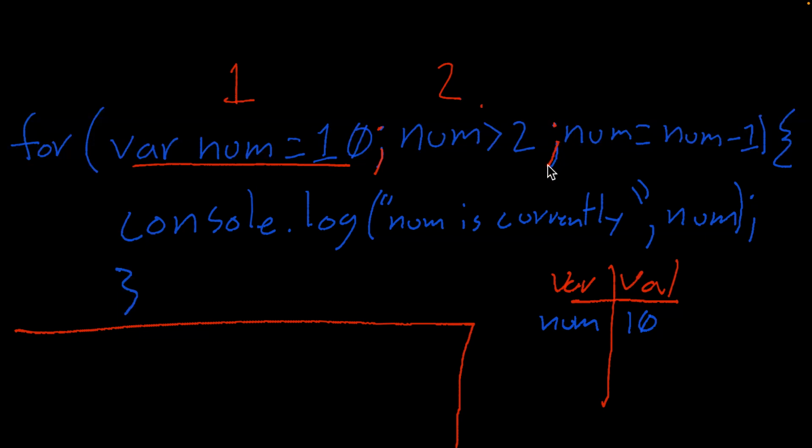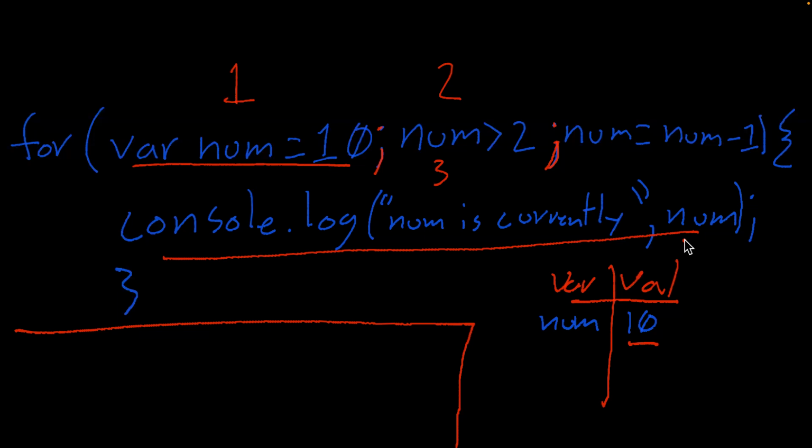While num is greater than 2. Num is greater than 2 because it's 10 right now. So we enter our step 3. The whole thing is our step 3 here. Whatever's in the do something section is all of step 3.